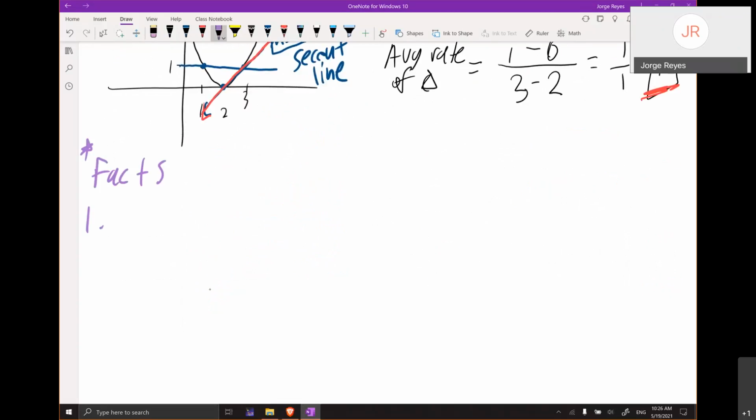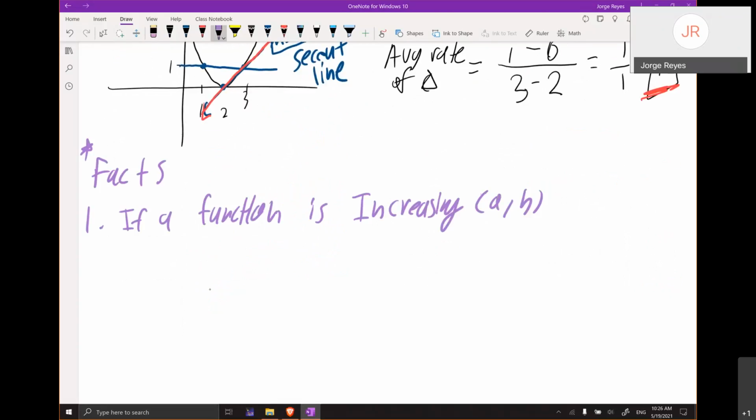Okay, so the first fact is if a function is increasing, so let's remember increasing, decreasing, constant, okay? If it's increasing from A to B, then the average rate of change is positive.